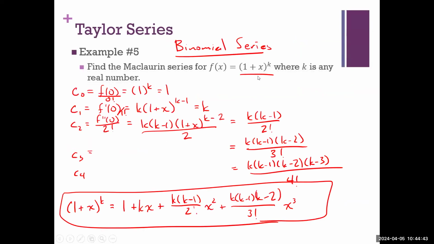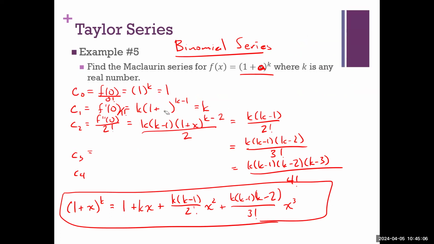Maybe we should generalize this a little more. Instead of saying this is 1 plus x to the k, let's replace this with an a. If we replace that, let's see what changes with our derivatives.